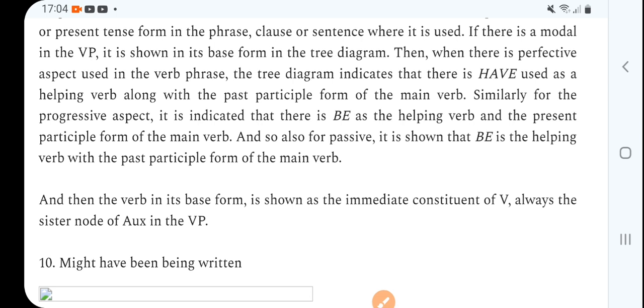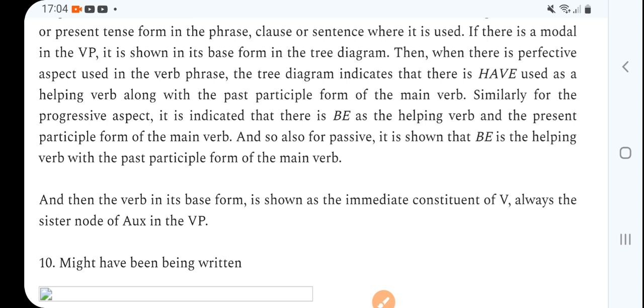If a perfective aspect is used in the verb phrase, the tree diagram indicates that have is used as a helping verb along with the past participle form of the main verb, right?